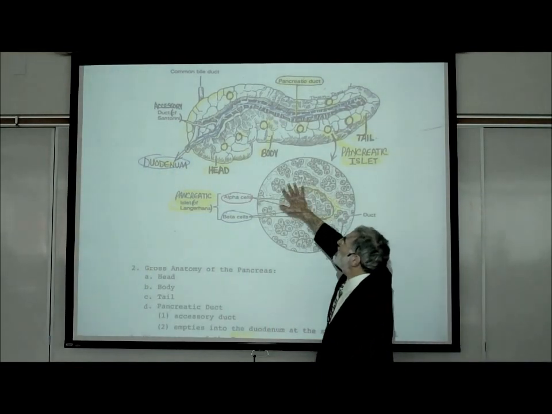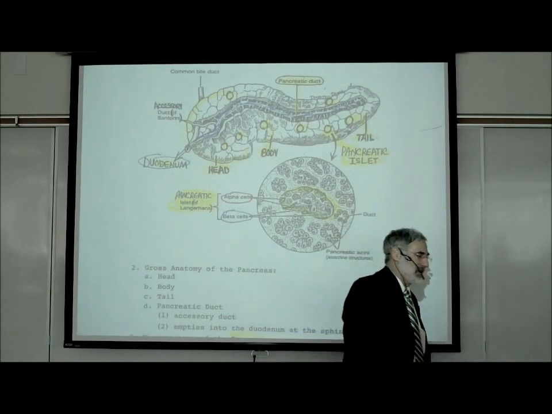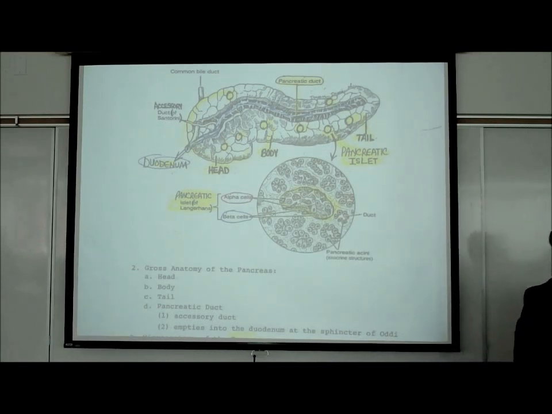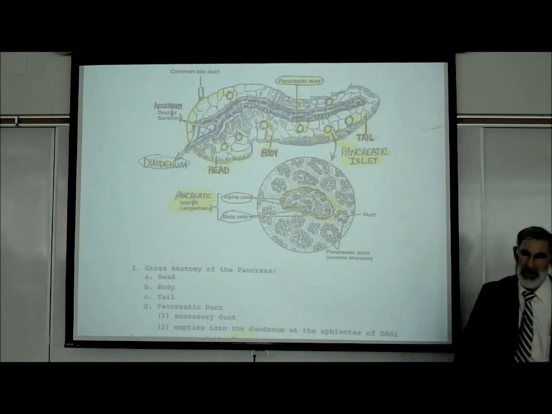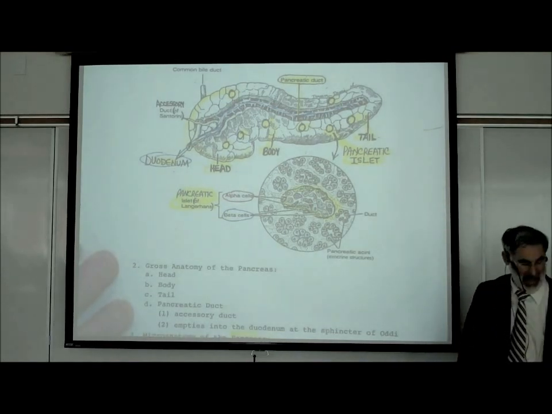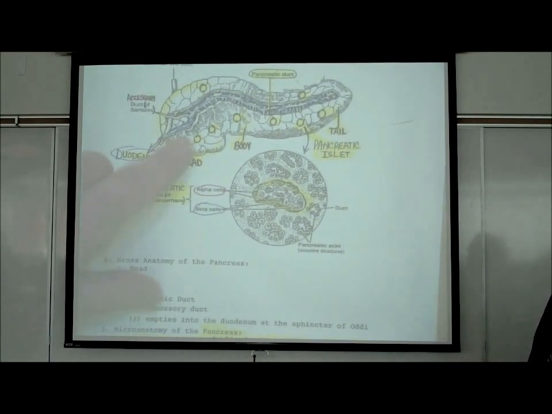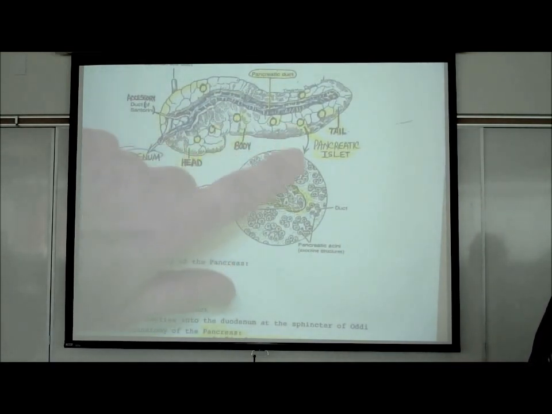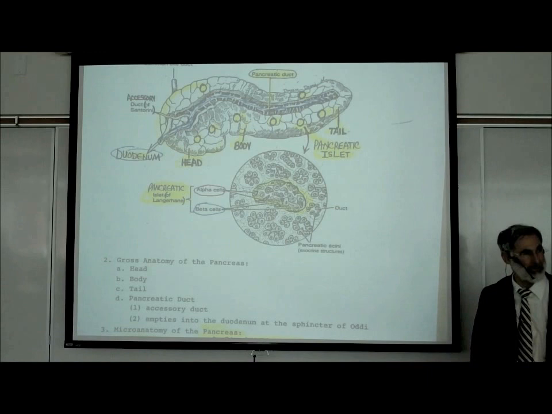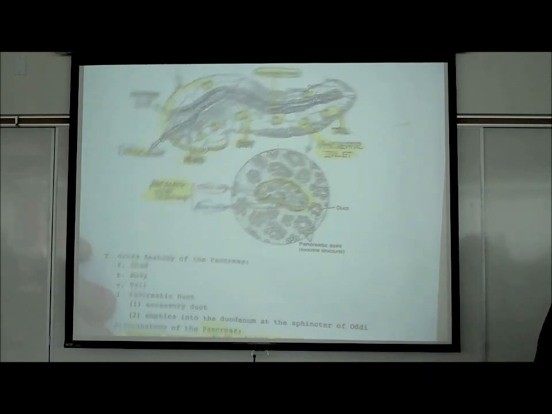So the majority of cells of the pancreas are the exocrine pancreas. So know that the pancreas is both an endocrine gland and an exocrine gland. The endocrine gland is really a bunch of scattered clusters of cells, scattered clumps of cells called pancreatic islets.